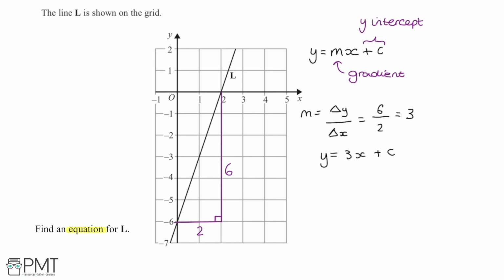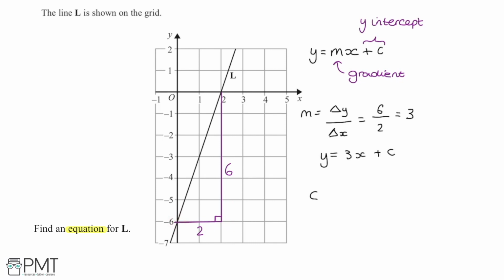Now there's a couple of different ways we could work with this. We could substitute in a value of x and y that's on the line, so a coordinate, and we could work out the c by just rearranging that. Or we can simply look at the graph and find the y-intercept, so the c value here. So the y-intercept is when x is equal to 0 on the y-axis, where that meets the line L, which is here at -6.